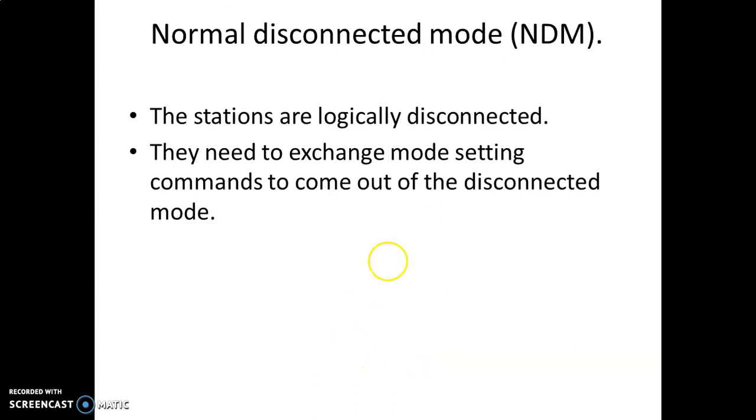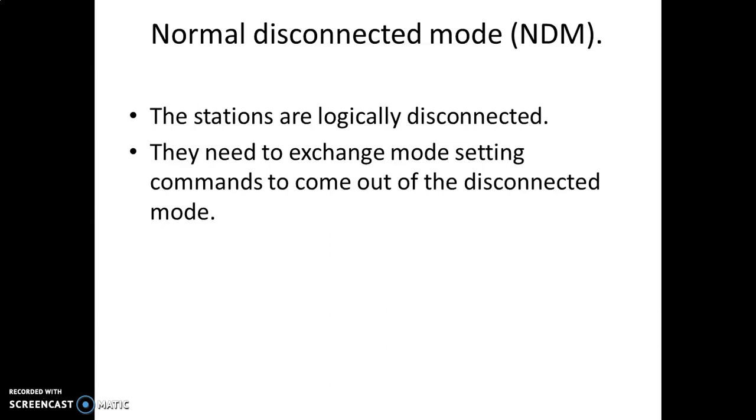Normal disconnected mode. Here in normal disconnected mode, the stations are logically disconnected. They need to exchange mode setting commands to come out of the disconnected mode. We will understand properly what mode setting commands are, and we will be discussing this in detail.